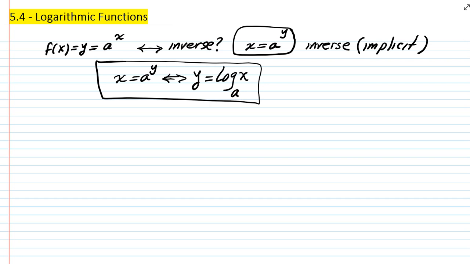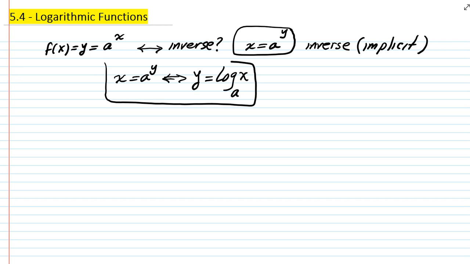This goes back to the time of Napier, John Napier, when he developed or discovered the whole idea of logarithms. For us, it's just another rewrite of exponential forms. Notice in the exponential form, we have 3 components, a, x, and y. And in the logarithmic form, we have the same 3 components.